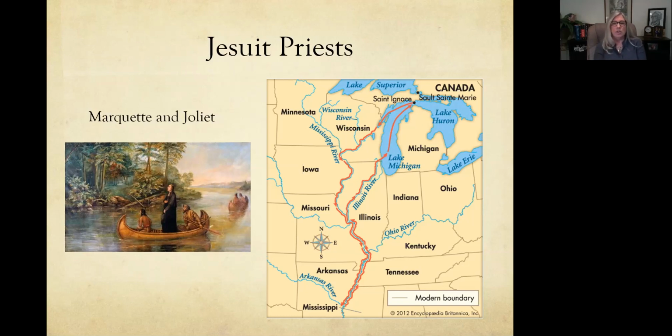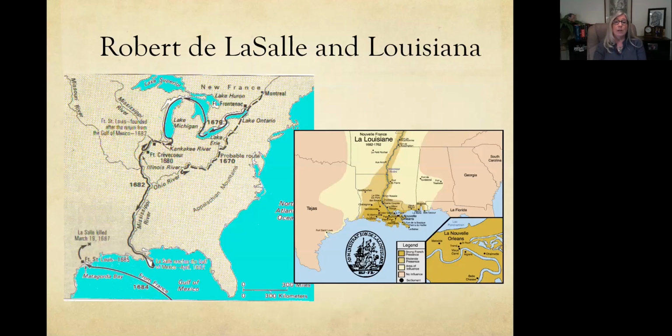But no Northwest Passage. Okay, so then a little bit later on, Robert de La Salle, a couple of years later, is going to continue this path, right? So the Mississippi River, he's like, I wonder where that leads. Because if you think about the trading post at Quebec, the temperatures in Montreal and Quebec, right?